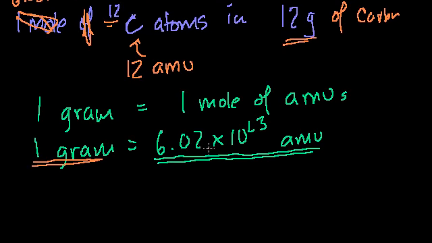And just to hit the point home, this is a huge number, and to maybe visualize it, I was told that across the diameter of a hair, there are 1 million carbon atoms that way.